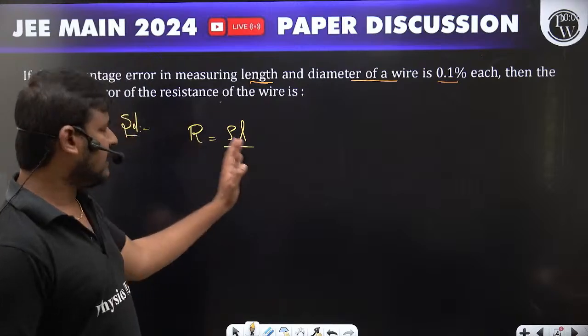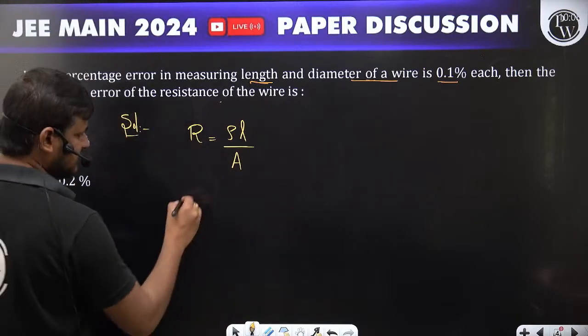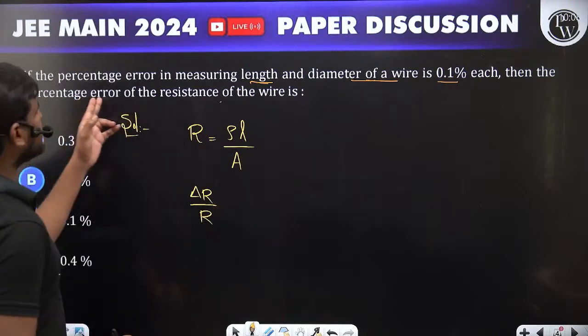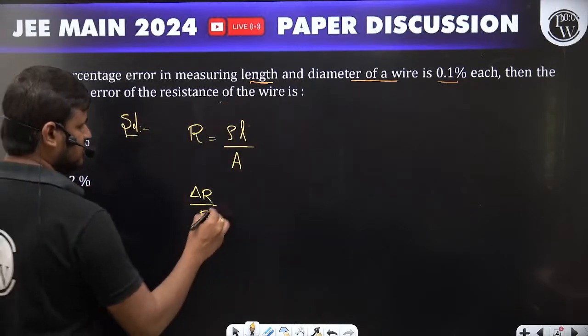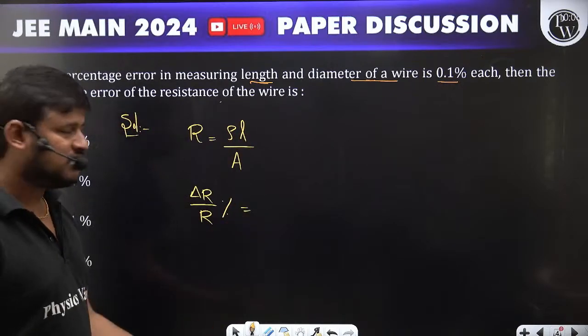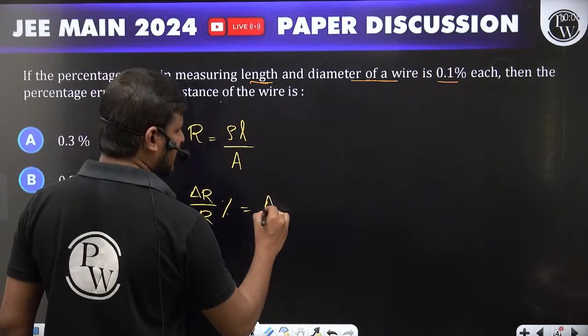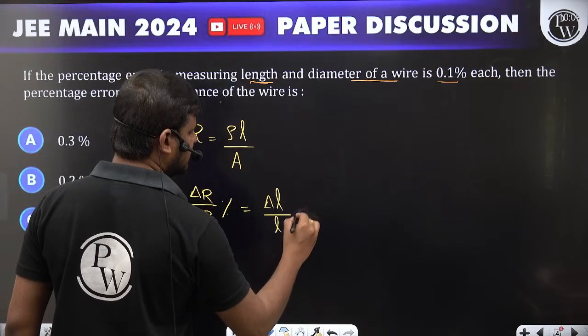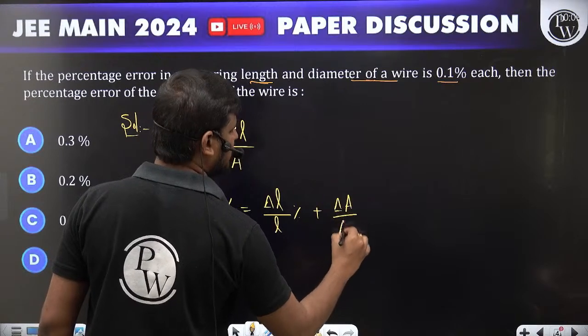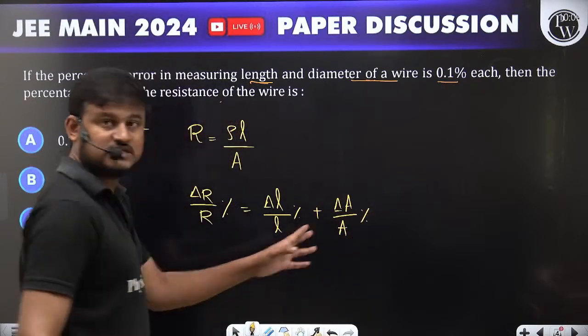Now if I apply the error analysis, delta R by R percentage, we need the percentage error in the resistance. However, rho is constant, so delta rho by rho percentage will be 0. Then delta L by L percentage plus delta A by A percentage. You guys know how to write the error analysis, right?